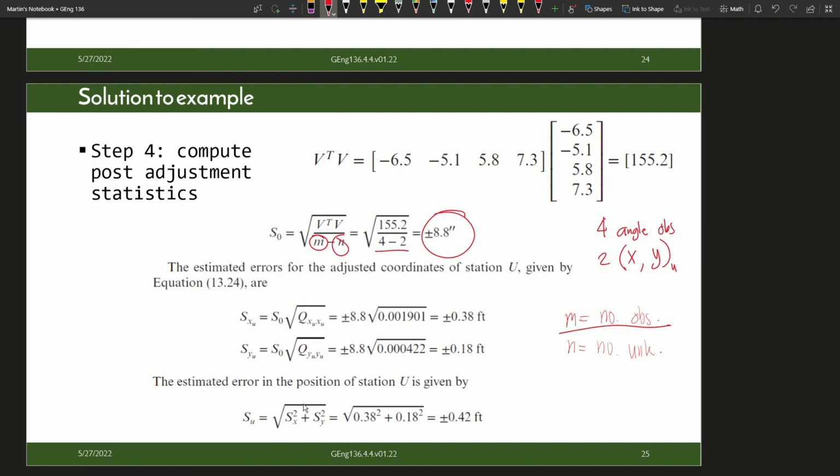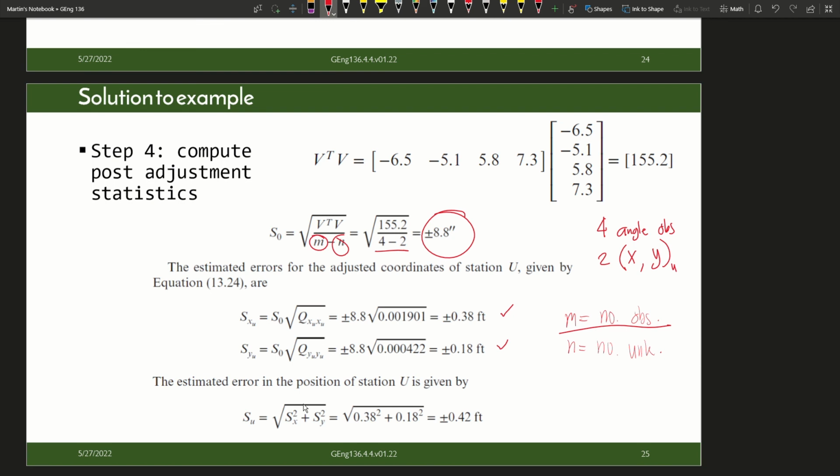Then from that, we have your covariance matrix. You get the diagonal elements to determine your coordinate x. So you have this one, and for y, you have this one.